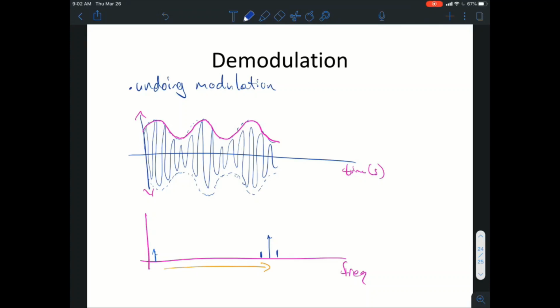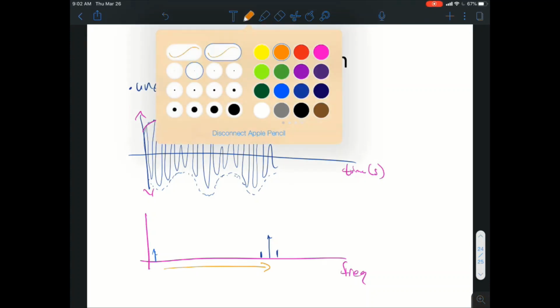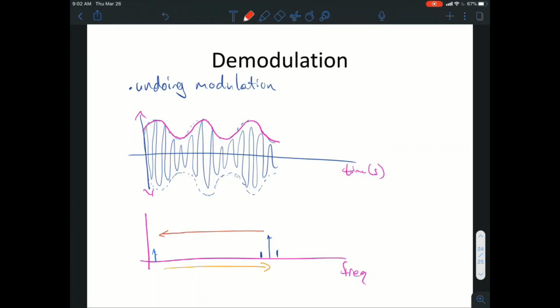To demodulate, it's going to shift it back down. So now to demodulate, it goes back down this way.